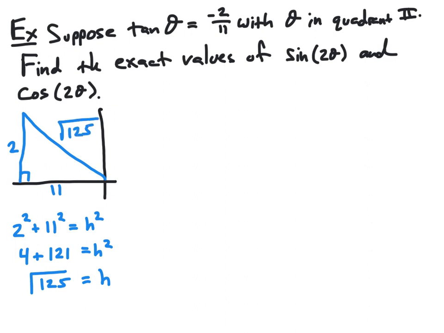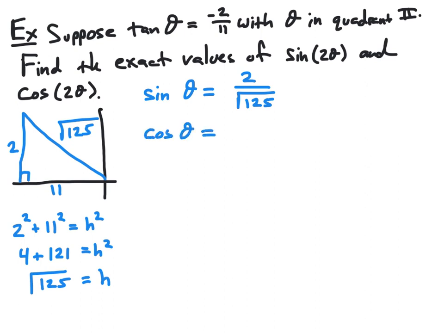And so from this, we have that sine of our angle theta is going to be the opposite side of 2 divided by the hypotenuse of square root of 125. In this case, that will be a positive value because in the second quadrant, sine is positive.